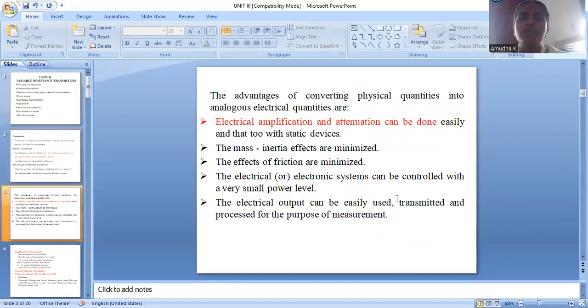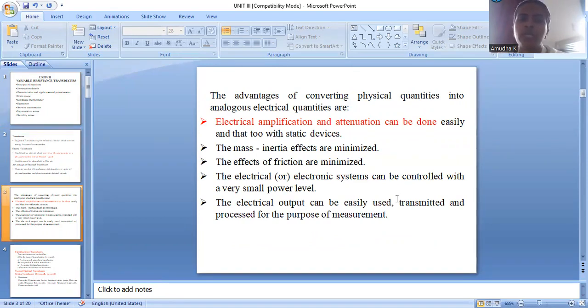What are the advantages of converting a physical quantity into an electrical quantity? First, we save electrical power. Electrical amplification and attenuation can be done easily, with the help of static devices.